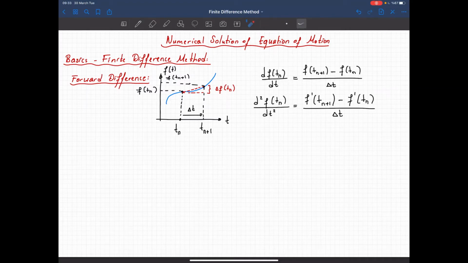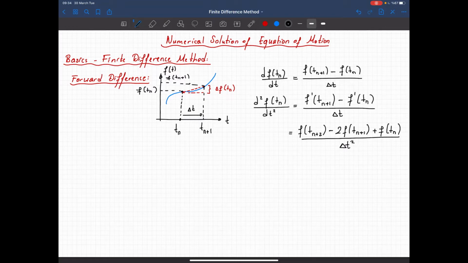So again, for this derivative I'm using this equation, and for this one again I'm using the same equation. So that will give me f at tn plus 2 minus 2 times f at tn plus 1 plus f at tn divided by delta t squared.